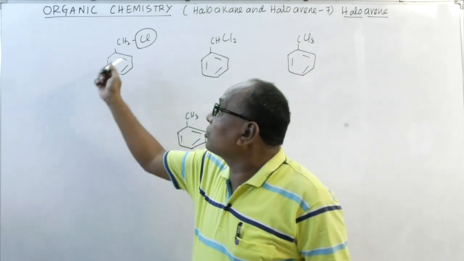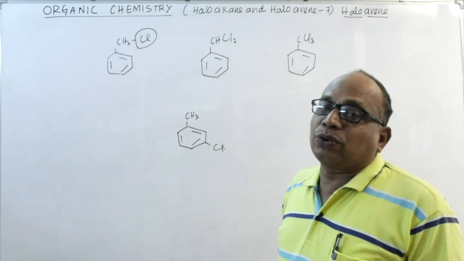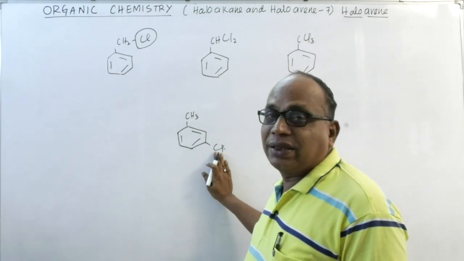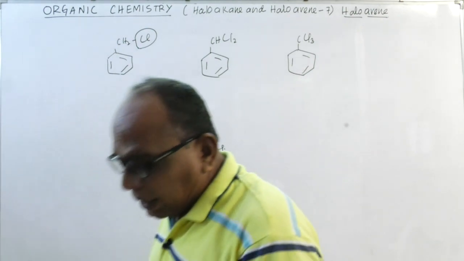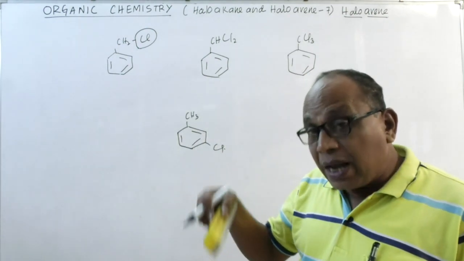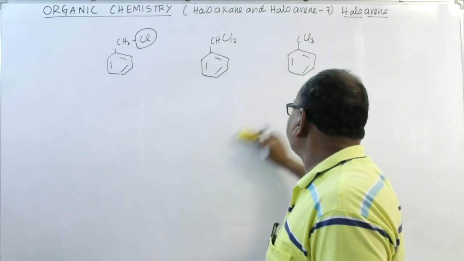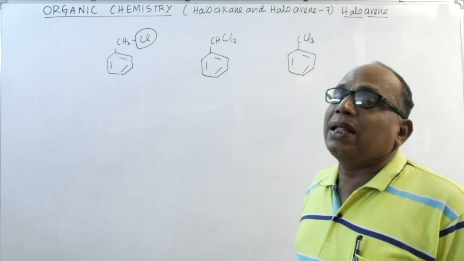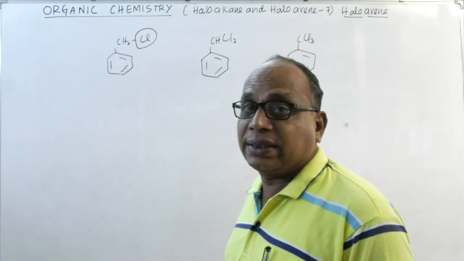This halogen easily undergoes nucleophilic substitution reaction, but not this one. So when the halogen atom is bonded to the nucleus of benzene, only then can we say this is a haloarene.